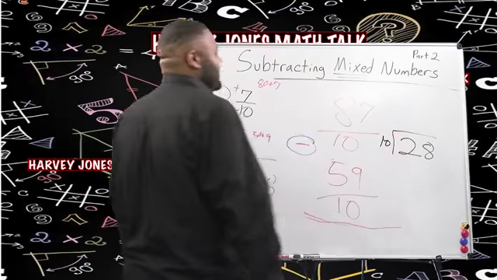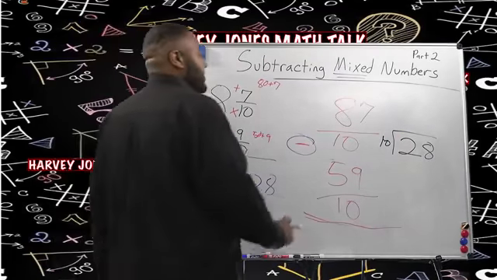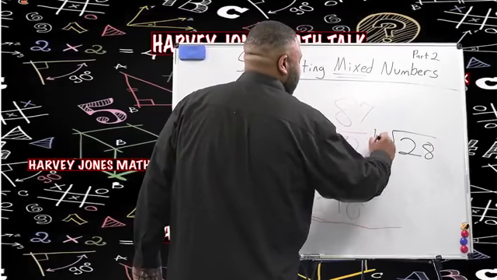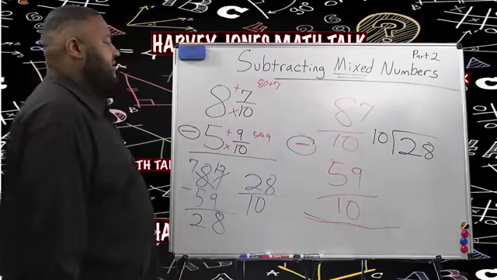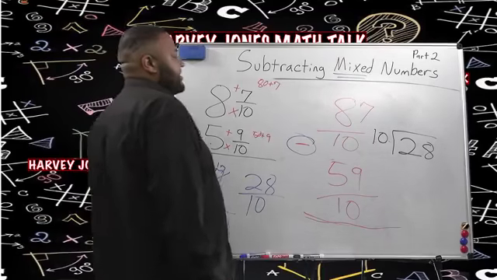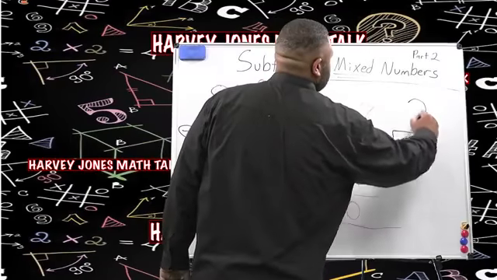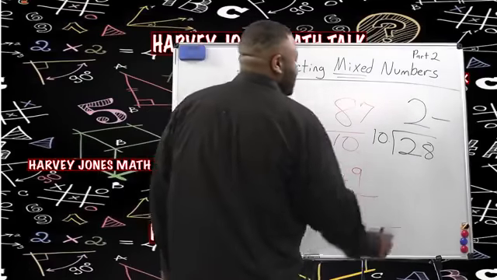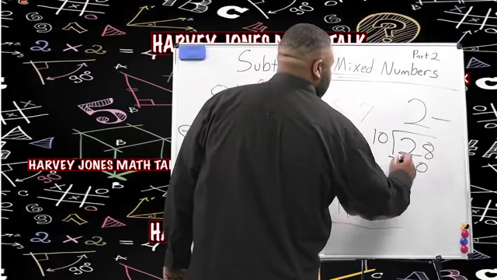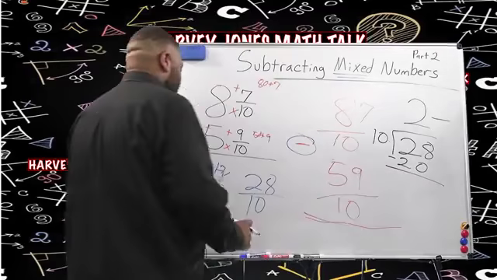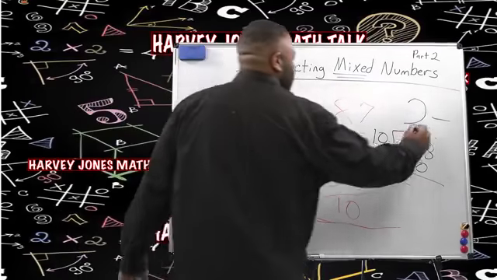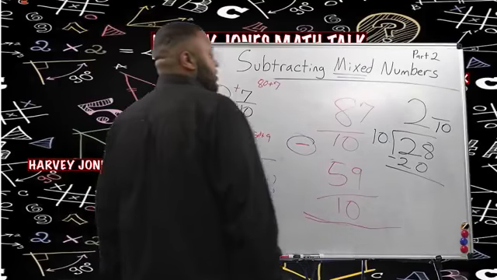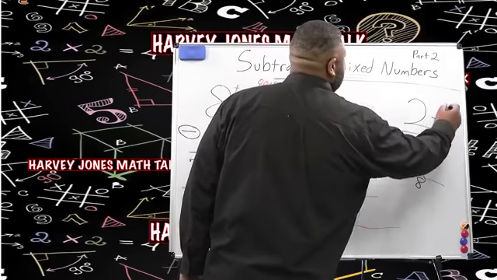28 divided by 10. That looks familiar, doesn't it? 28 divided by 10. That's 2 again. That's going to be my really big 2. 2 times 10 is 20. My denominator here is 10. We're going to keep it at a 10. And that's going to be an 8.